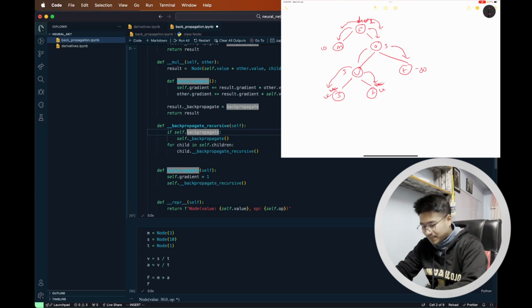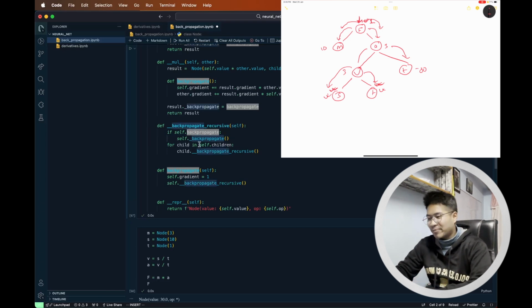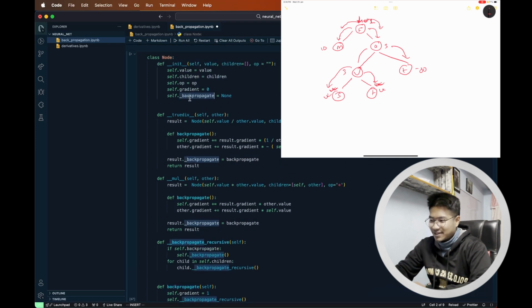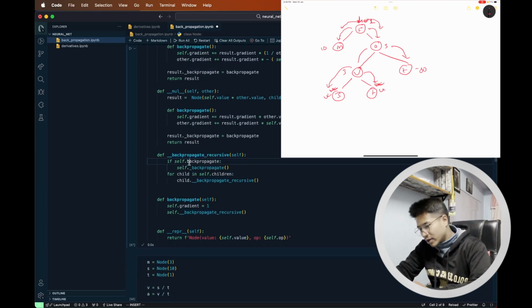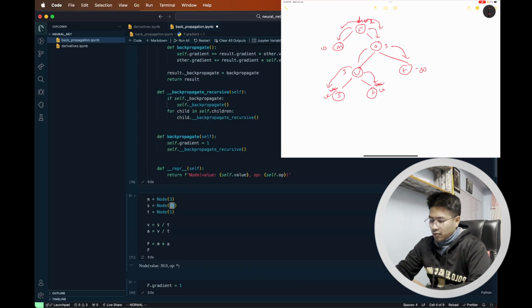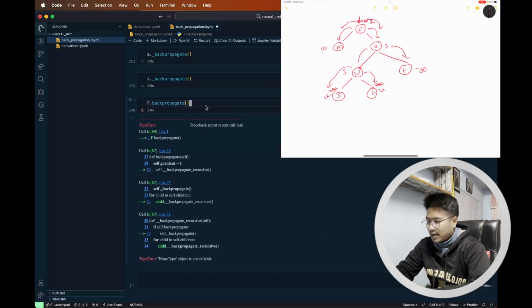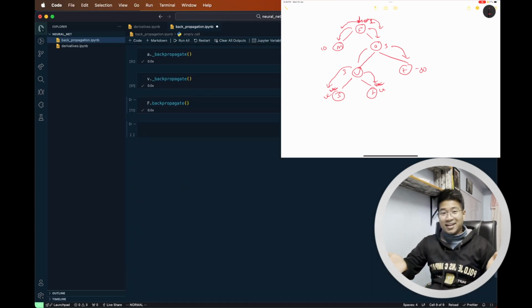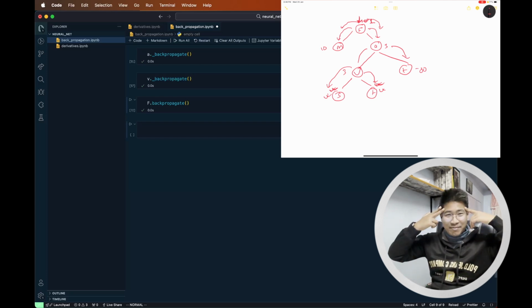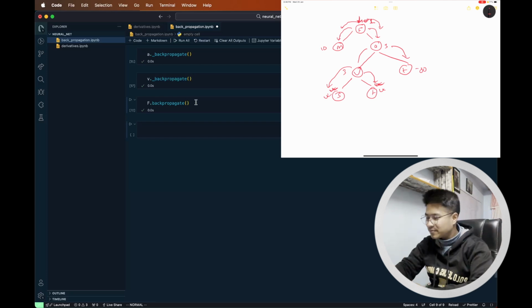Look at this. This self.backpropagate references this, right? And I should have referenced this variable over here. What an idiot I am. So now it should work, and it does. This goes to show you how mind-bending recursions can be.